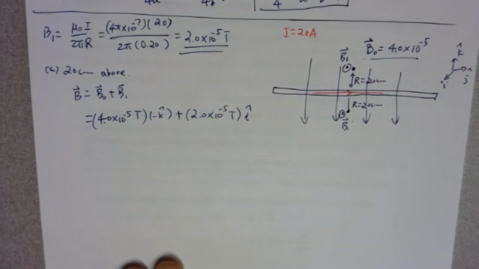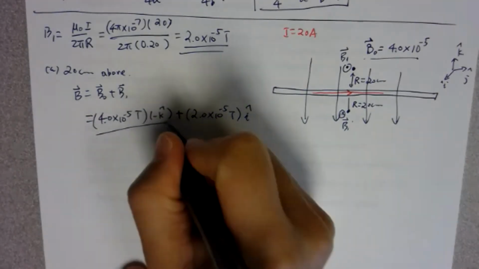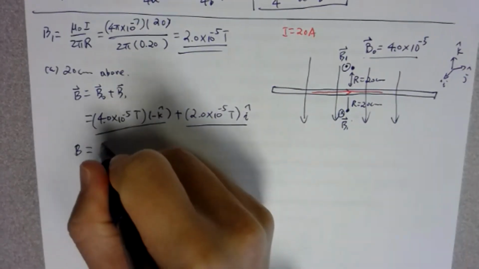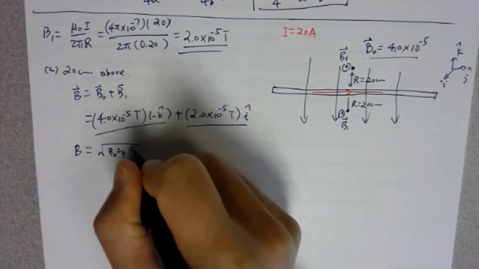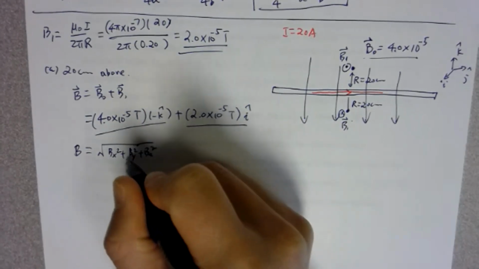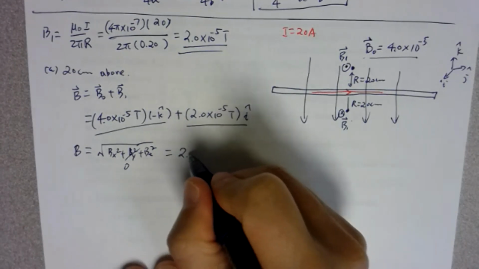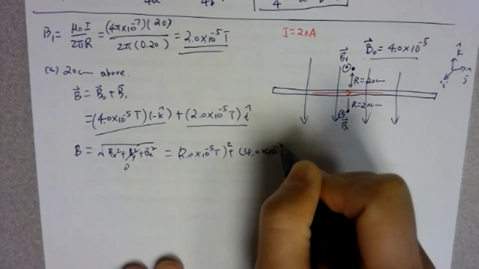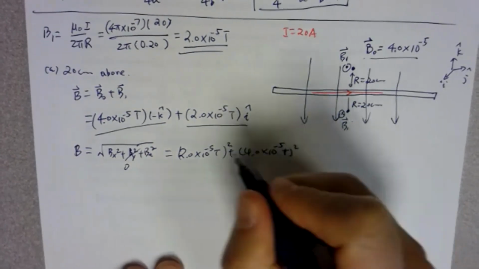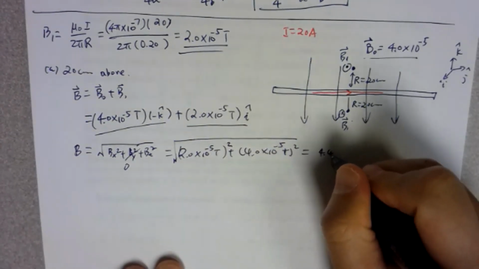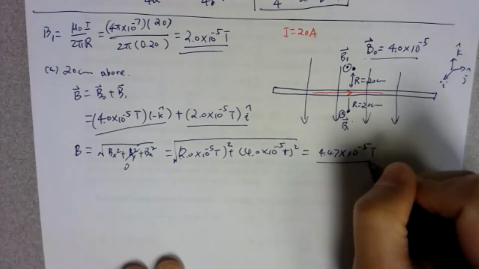So there are an X component and a Z component, and no Y component. B is the square root of the X component squared plus the Y component squared, which is 0, plus the Z component squared: 2.0 times 10 to the minus 5 squared plus 4.0 times 10 to the minus 5 squared, and then the square root. That gives you 4.47 times 10 to the minus 5 Tesla.